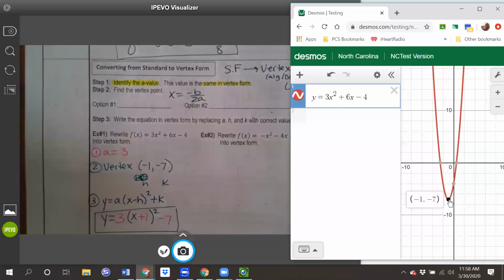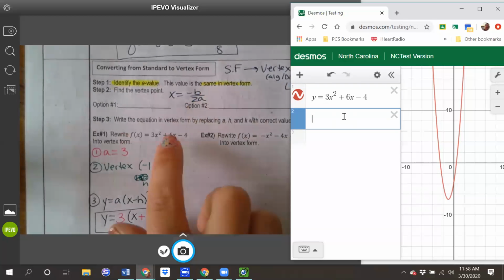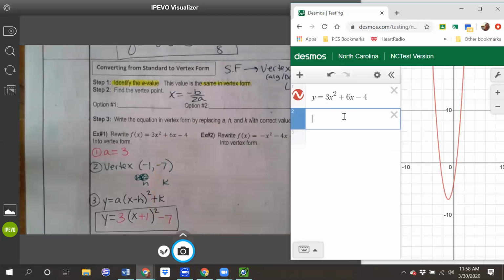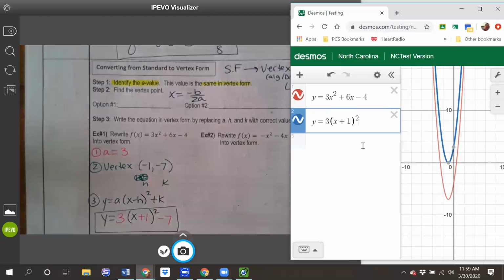Since this is a new process, I definitely want to check to make sure that my equation in vertex form is the same equation as standard form. So very quickly, I'm going to go y equals 3 parentheses x plus 1, square it, and then -7.